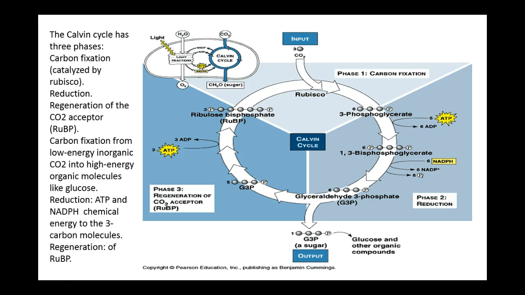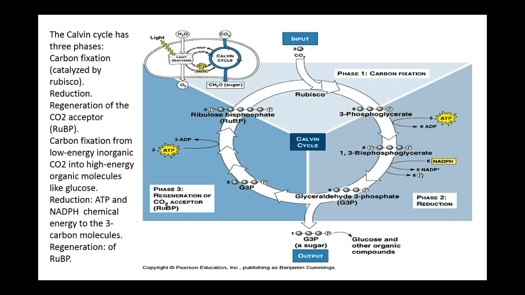But that has the ability to fix carbon from a low energy inorganic CO2 into a high energy organic molecule like glucose. It's not quite glucose yet, but a high energy organic molecule. That's what happens in the carbon fixation phase. That's when CO2 goes into the Calvin cycle.